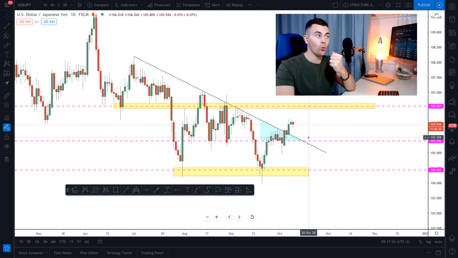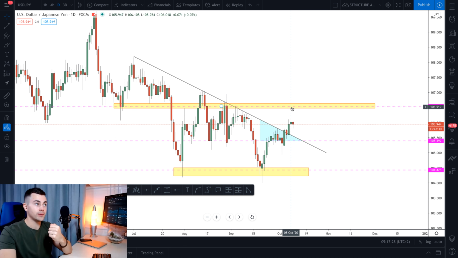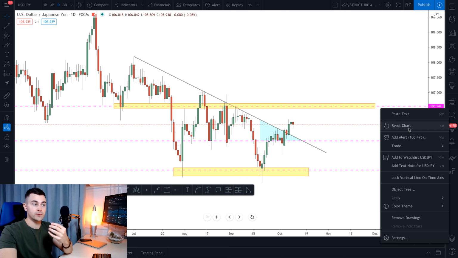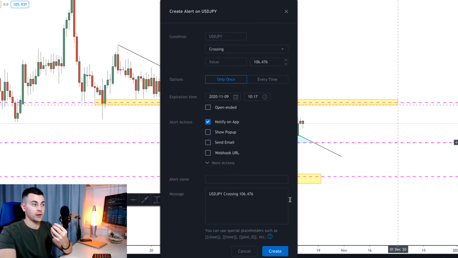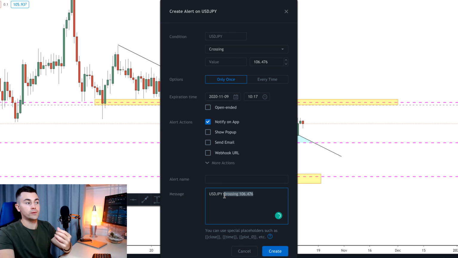Here what we can do is apply alerts. For example, here we have our closest yellow structural resistance. To the lower boundary of that structural resistance we add the alert, and we write $yen key resistance reached.